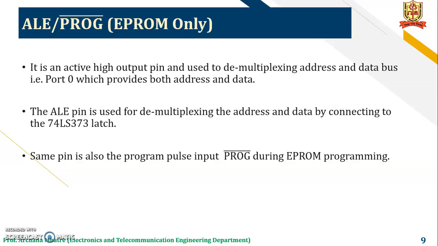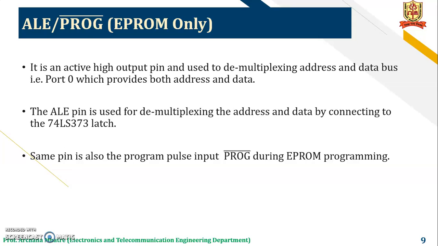Now next is ALE/PROG bar. PROG bar is used when EEPROM memory is used. ALE is the address latch enable. It is an active high output pin, and it is used for demultiplexing the address and data bus, that is port 0, which provides both address and data.